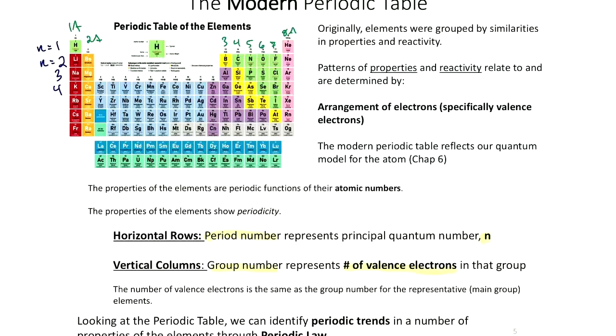So all group 1A elements have one valence electron. All group 6A elements have how many valence electrons? 6, and it's because they all have very similar electron configurations, s2 and then 4 electrons in the p orbital, and that's where we get the 6 valence electrons. So here we're just completing the story of rows and columns that we learned about in chapter 2.